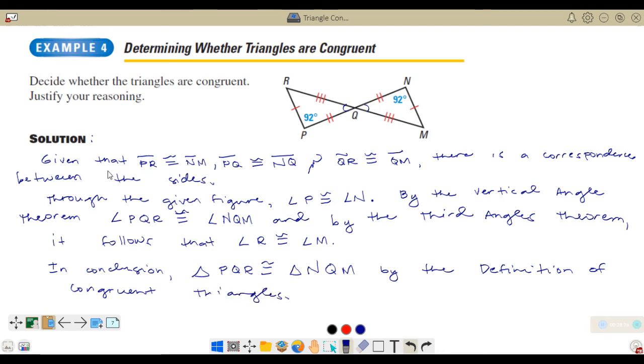Okay, ayan. Ito yung paragraph proof natin for this example.